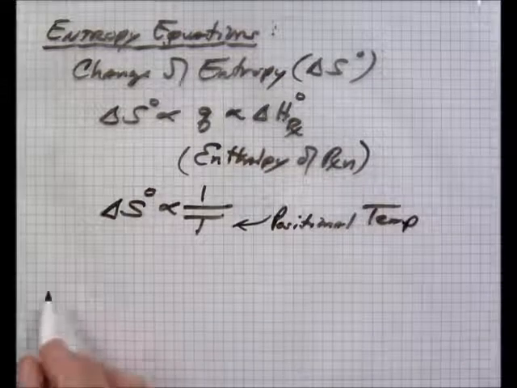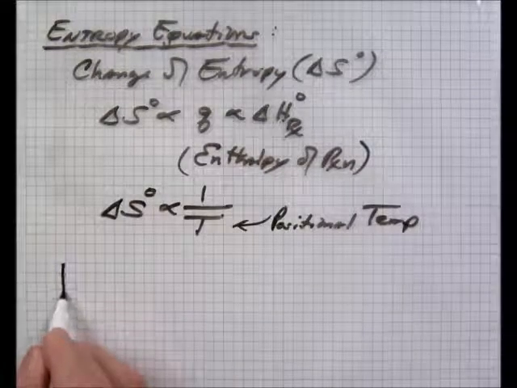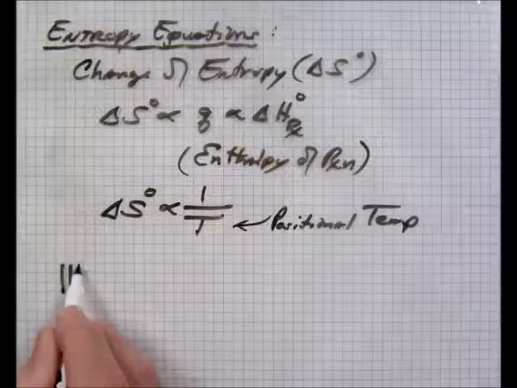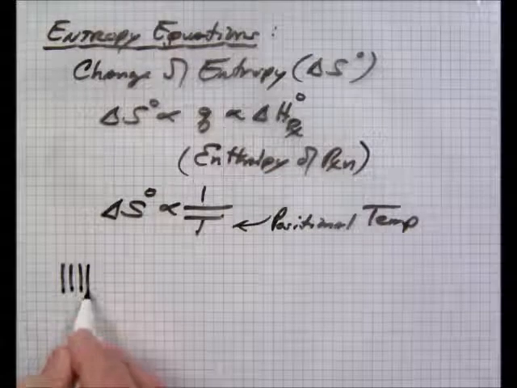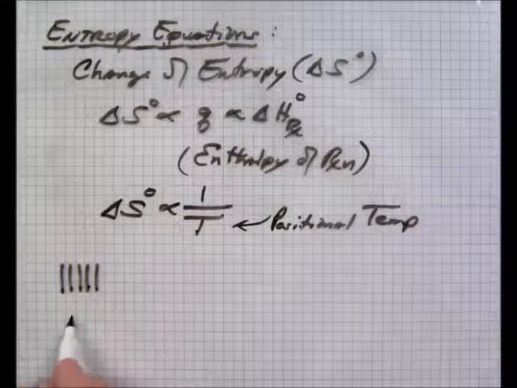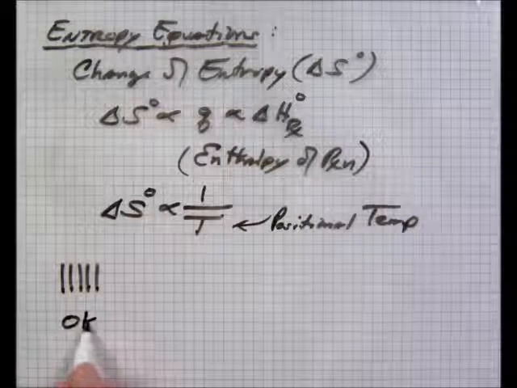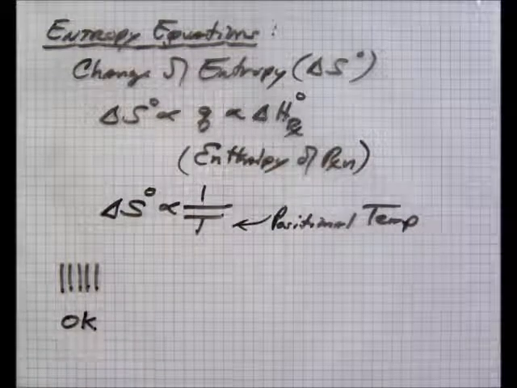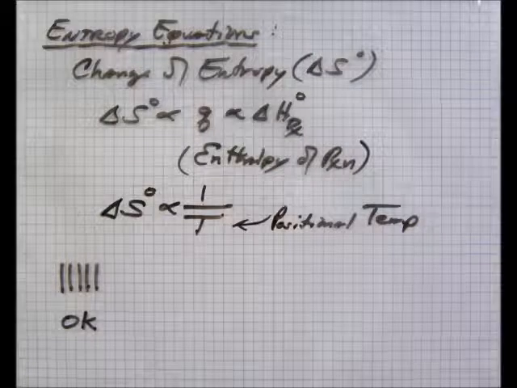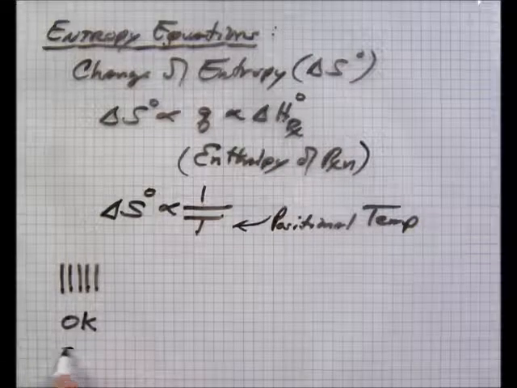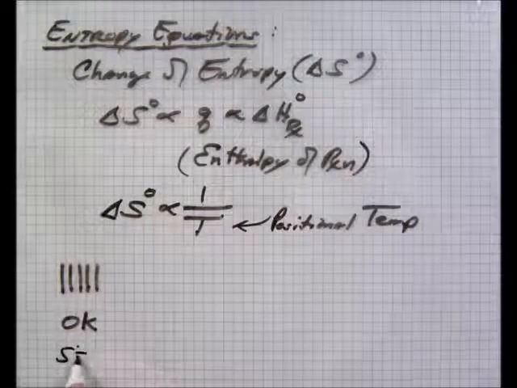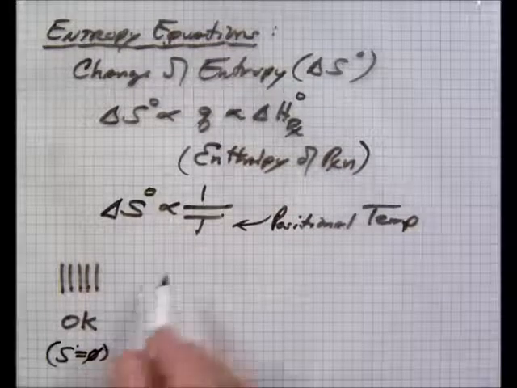Which means that if I were to consider the substance that we talked about earlier at 0 Kelvin, then you recall entropy is 0. The positional entropy is 0 in that case.